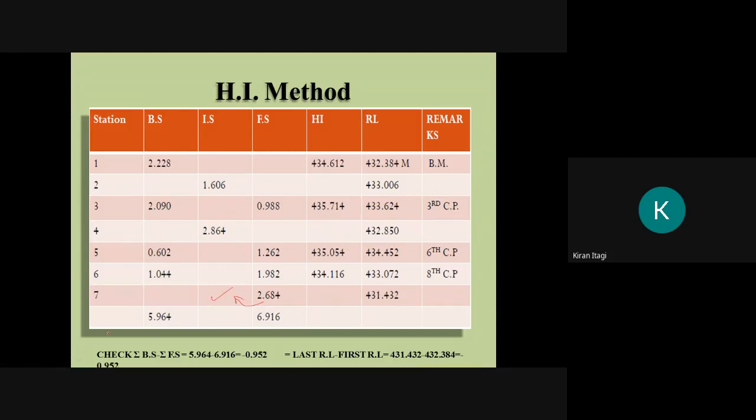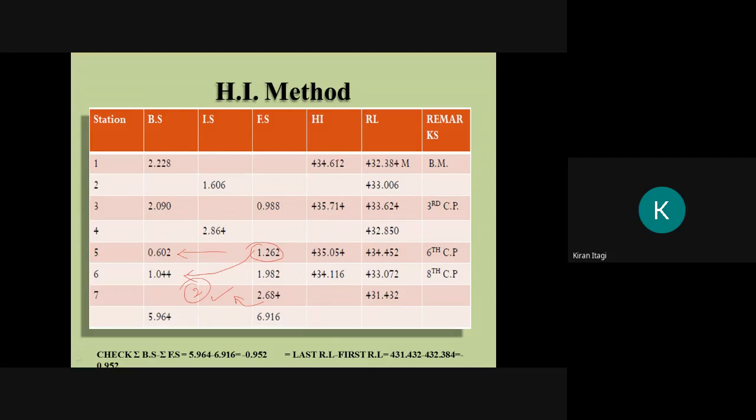Another mistake students make: after the last sight, they should enter the reading here only, but they write it here. So these are the two major mistakes that most students make.